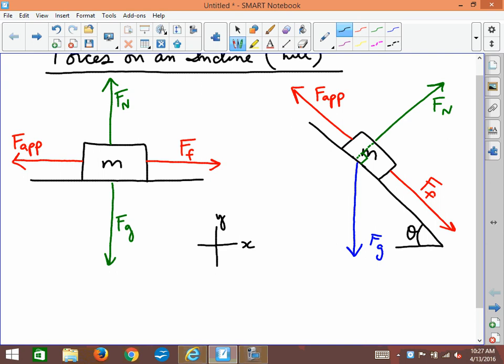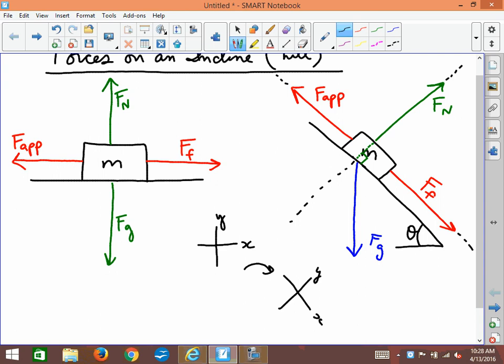So what we can do as a little bit of a trick is we can rotate our axis so that it matches the hill, so that the x-axis turns into the hill and the y-axis now becomes perpendicular to the hill. So if we do that, let me just kind of sketch here what the new axis would be. It would look like this. There's our new xy axis.